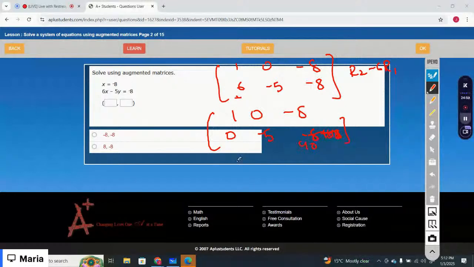Now divide this row by -1. That is 1, 0, -8, 0, 1, -8.